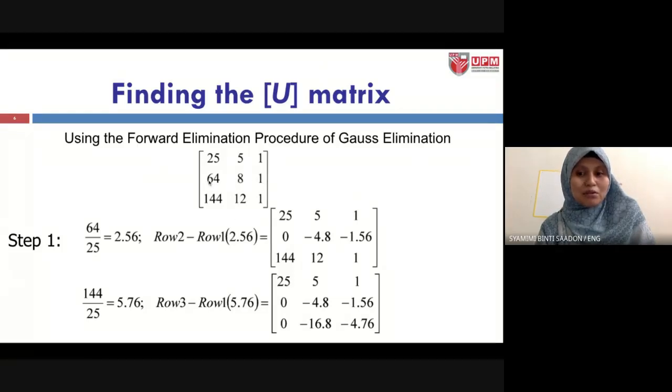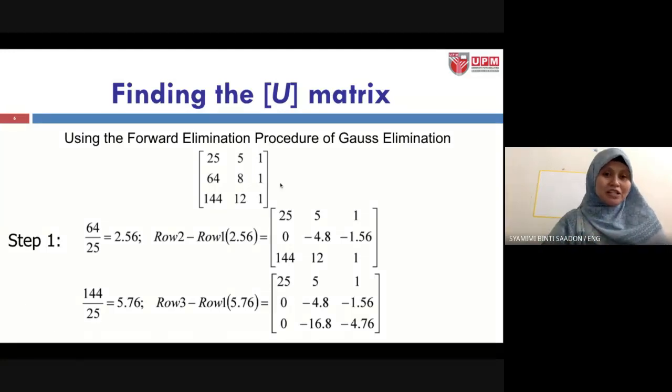Don't forget that. Sometimes students only do this one and move on, forgetting the next component. You have to imagine the matrix is always like a linear equation, so if you do a calculation for one term, you have to do it for the rest.